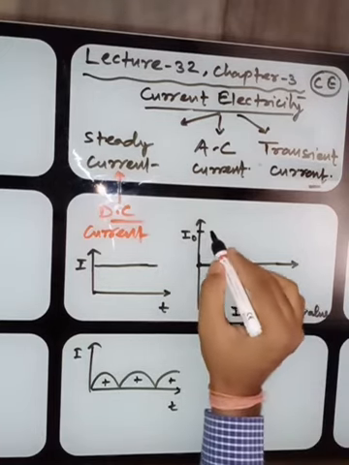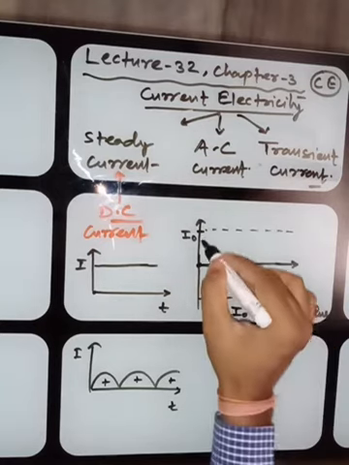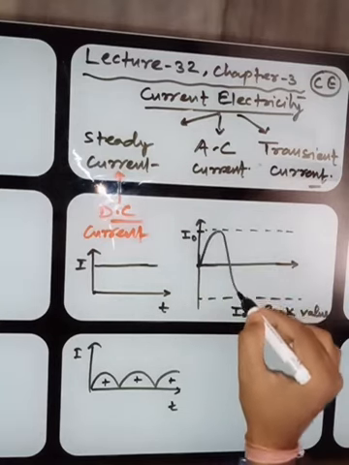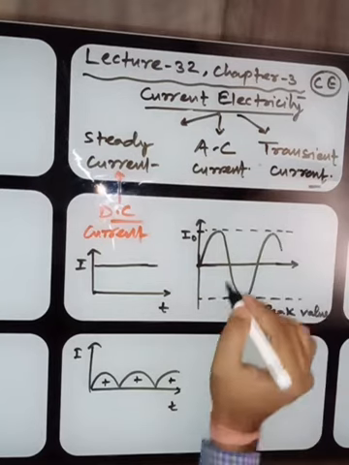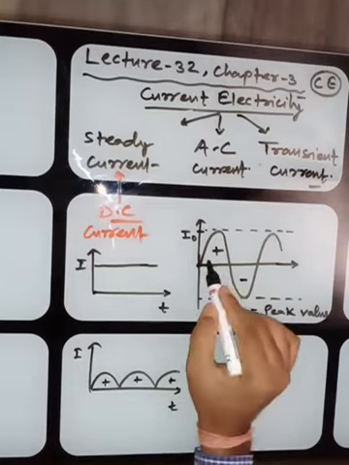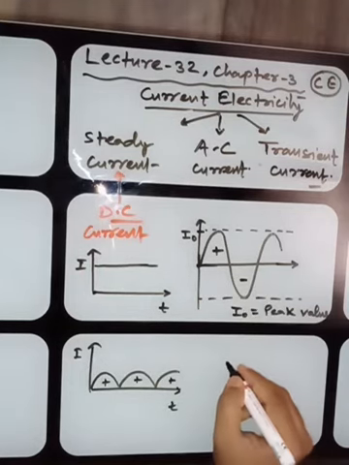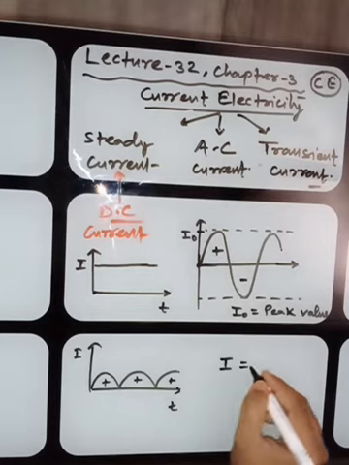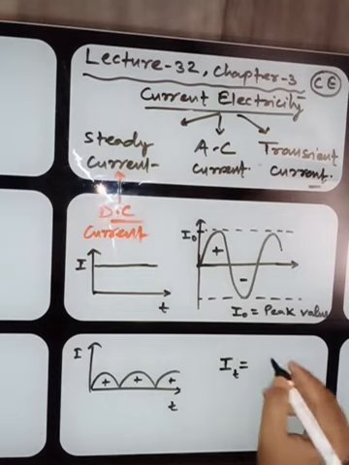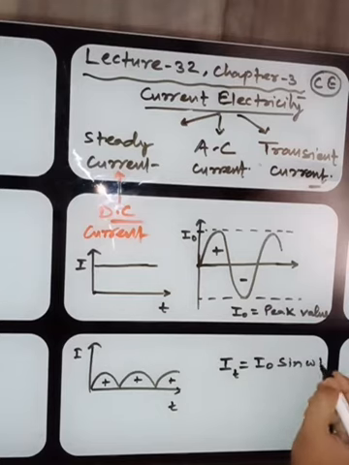Peak value, that is the maximum. But the current changes its magnitude, and it goes on the positive cycle as well as the negative cycle, but you can see the magnitude changes everywhere. You will find the equation of such current, which is changing with time, as I equals I naught sine omega t.